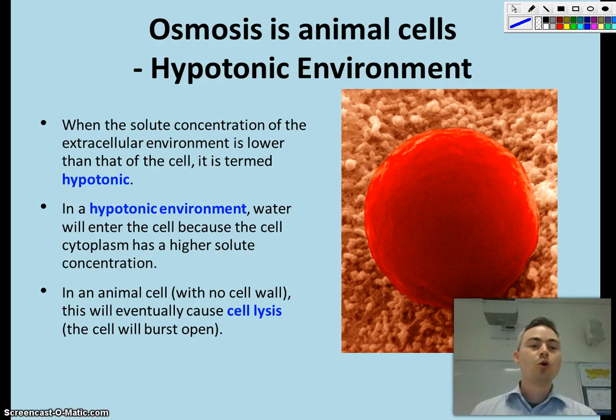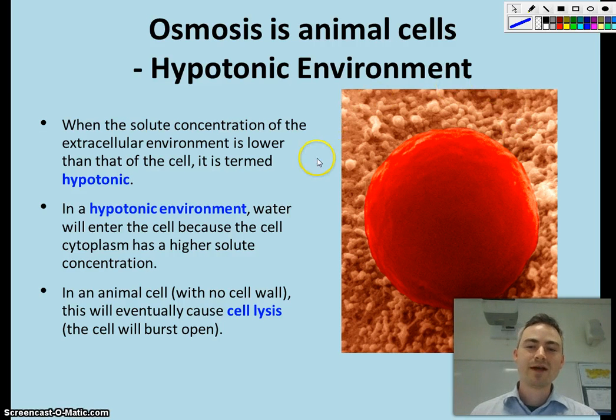In that case, water will move into the cell. Water will move from areas of low concentration of solute to areas of high concentration of solute. You can see how getting that solute versus water concentration thing is important.